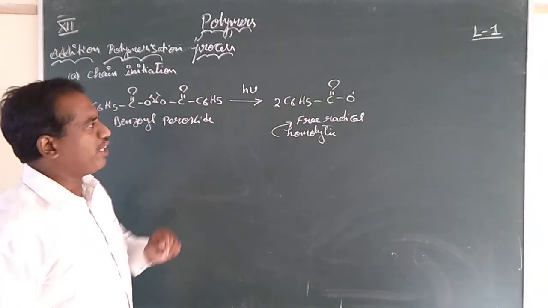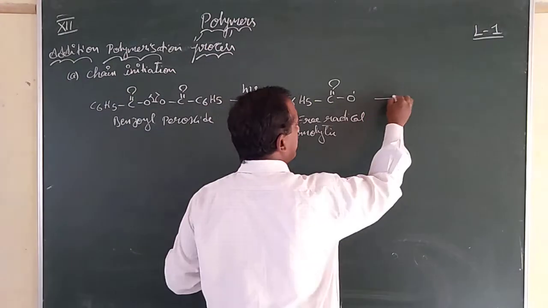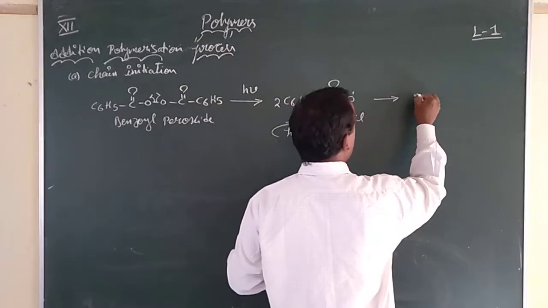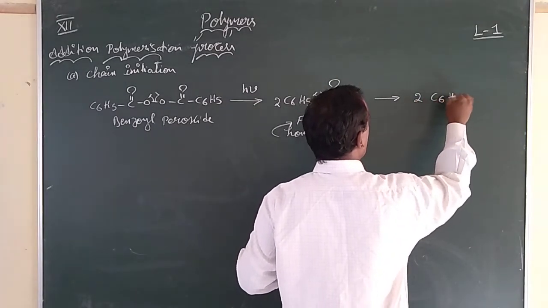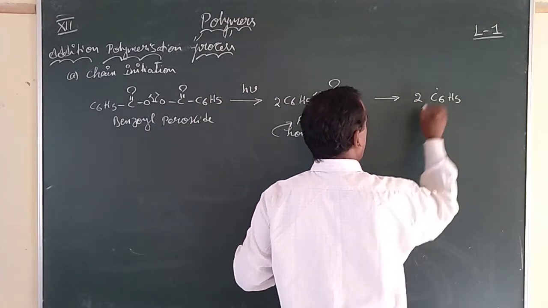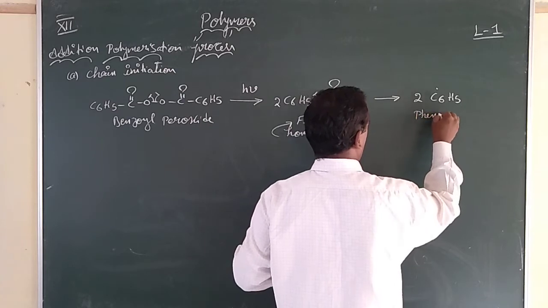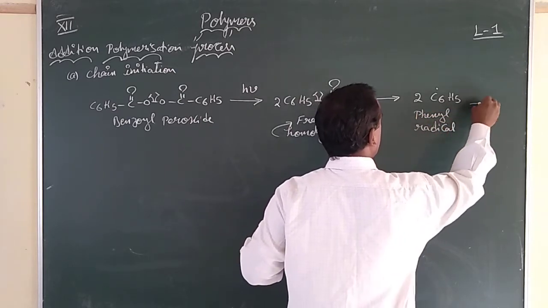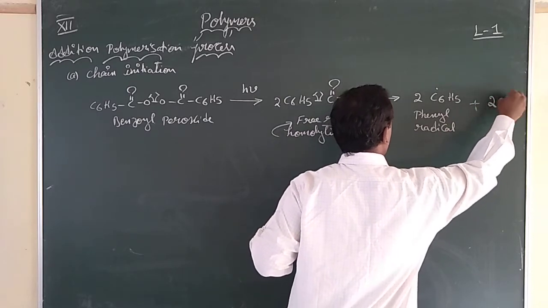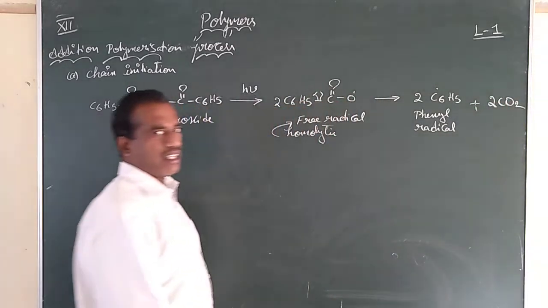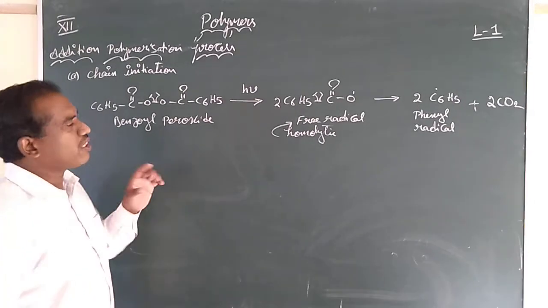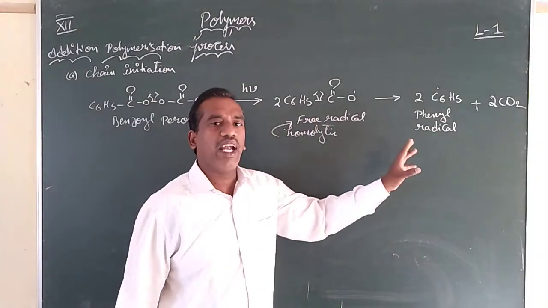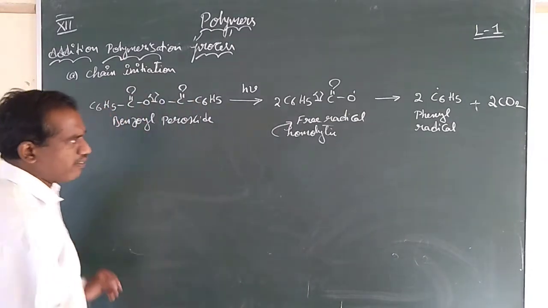These 2 units undergo further homolytic cleavage at this point, so they generate 2 molecules of phenyl radicals, and carbon dioxide gas is removed. So in chain initiation, first, from the peroxide, phenyl free radicals are generated.